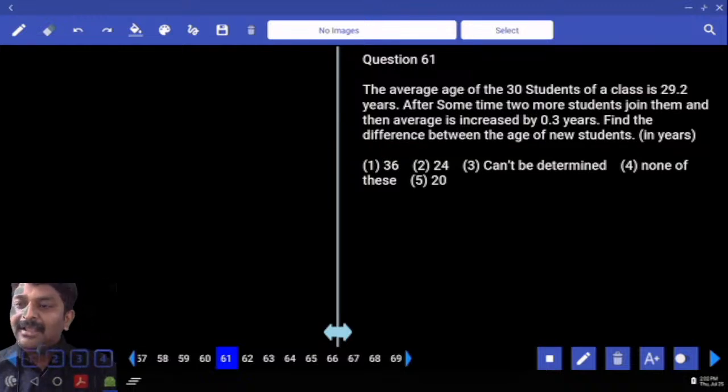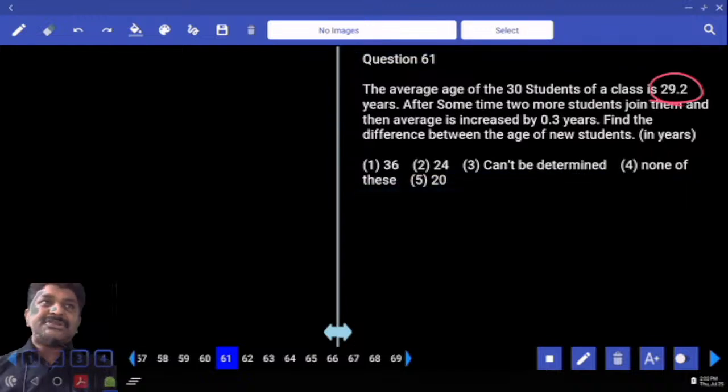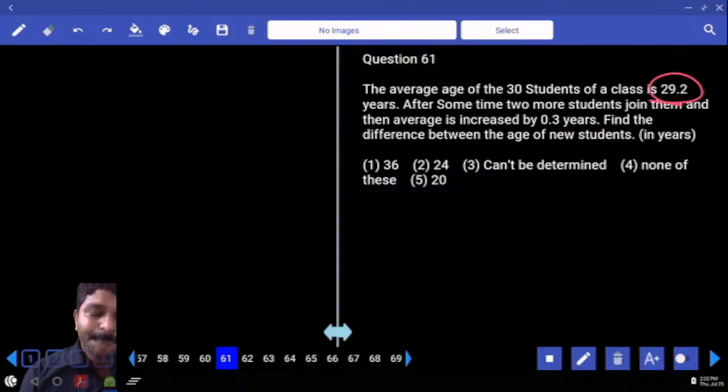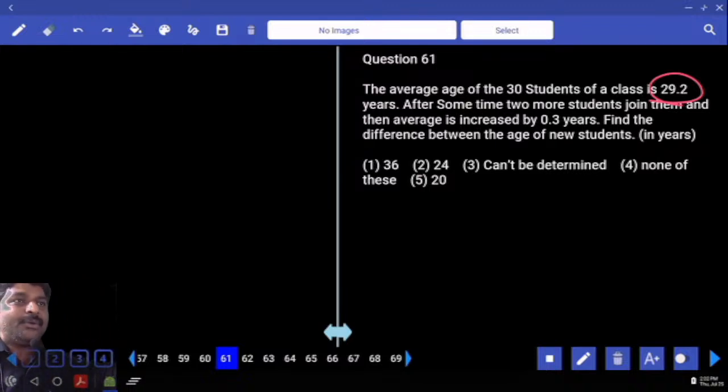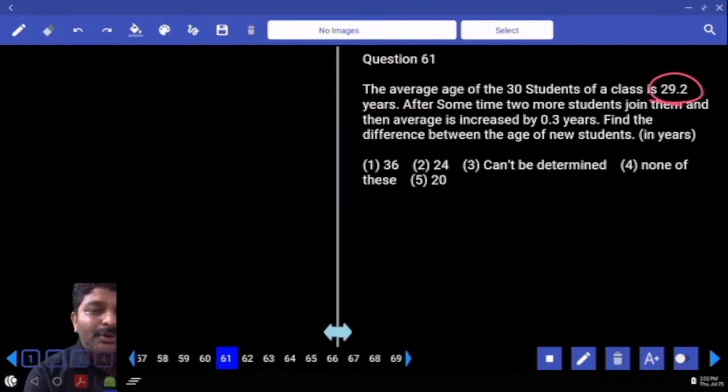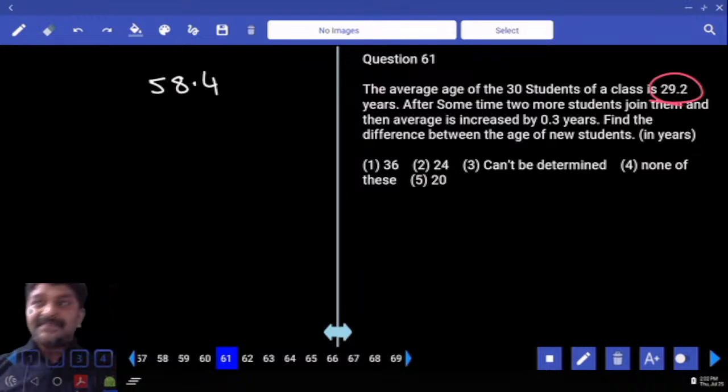Why? Because already the average is known for 30 students. What is that? 2 new students are joining, correct? If each person's age is 29.2 and 29.2, together it is 58.4. If both together ages is 58.4, the average will not change, correct?